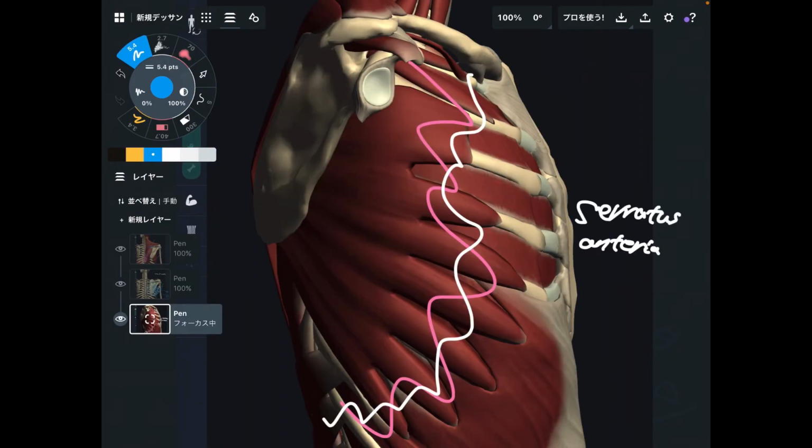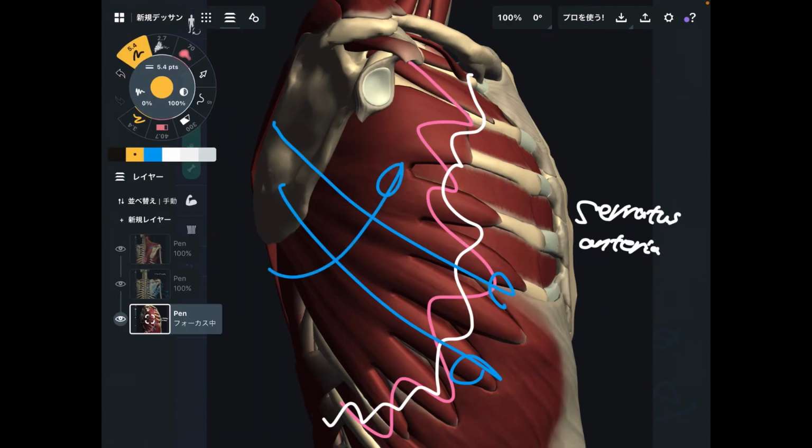Let me change picture, then it's even more easy to visualize, right? Serratus anterior pulls scapula this way, then upward rotation. Where is axis? Axis is about here. See, this is axis of upward rotation, downward rotation. Wait a minute. Above this axis of rotation, there's still serratus anterior. It's here. Yep.